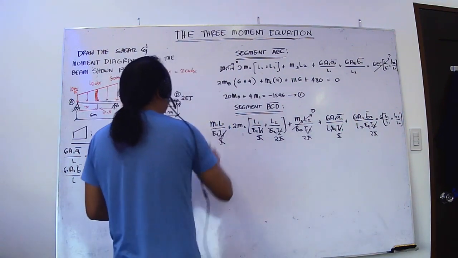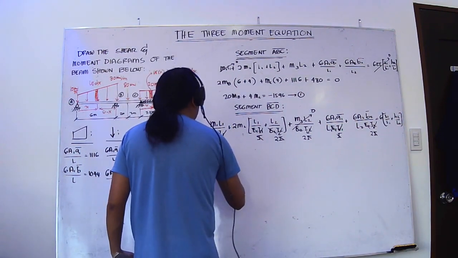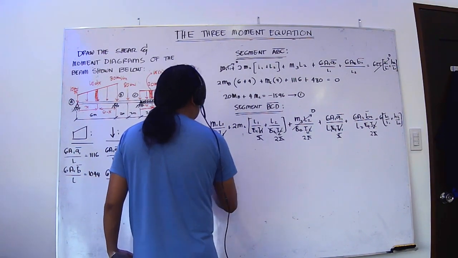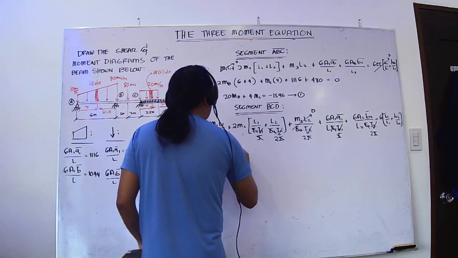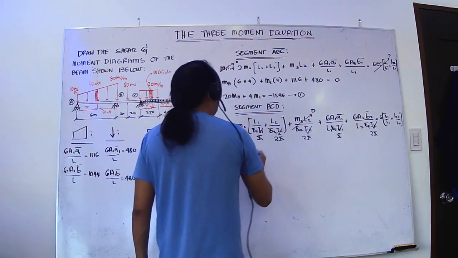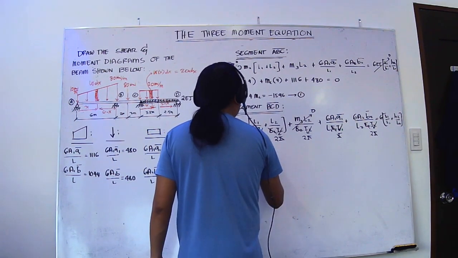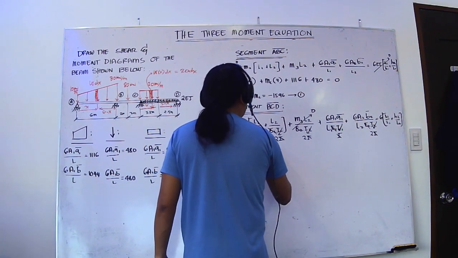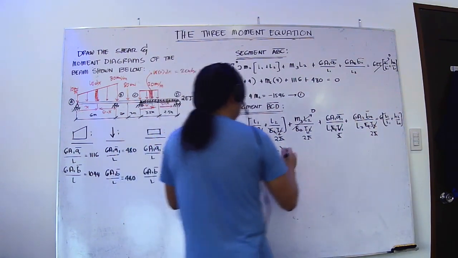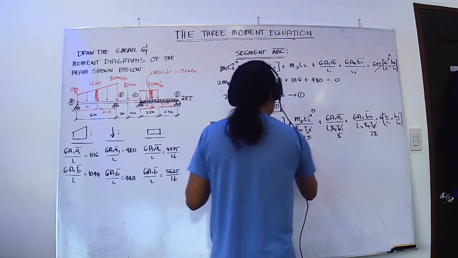Okay? So, what is left here is M1 plus 2 M2 L1 plus L2 over 2. L1 over 1 and L2 over 2.